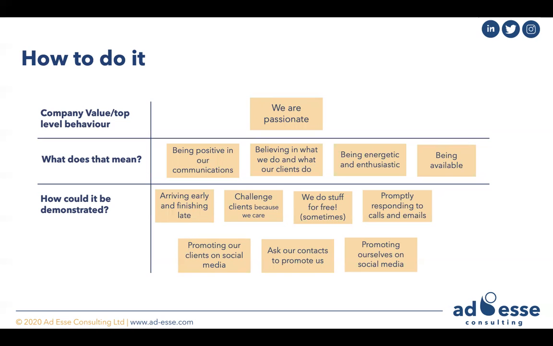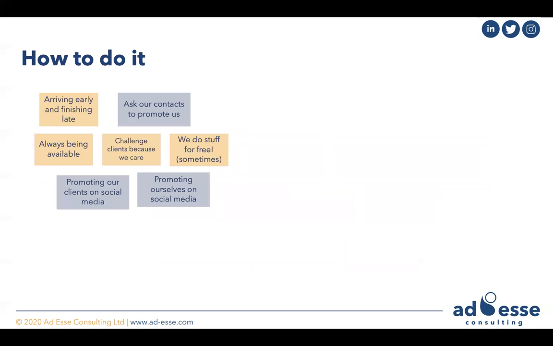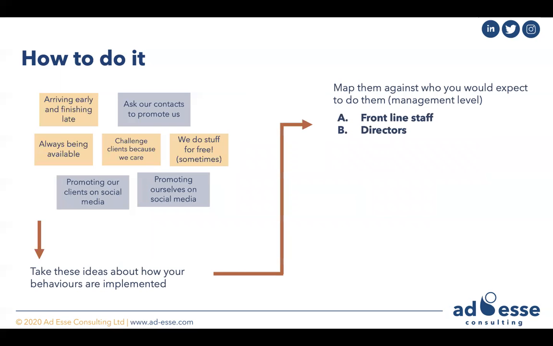An extra layer of analysis you can add on top of this is you can get your project groups to identify what the missed opportunities are. They might be missed, they might be areas for improvement, but basically ones where we don't think we are living those at the moment. Once you've done that, the only other task to do is to take those behaviours and map them against who you expect to demonstrate what behaviour.